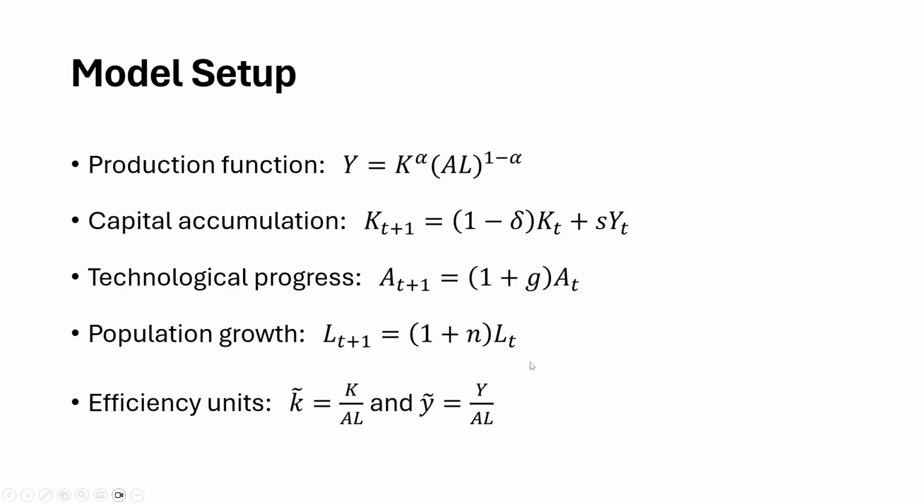Efficiency units are basically where we divide all factors by A times L. So efficiency units for capital are denoted by this lowercase k tilde, which is equal to upper K on upper A, upper L. And output similarly is the lowercase y tilde, which is output divided by technology times labor.